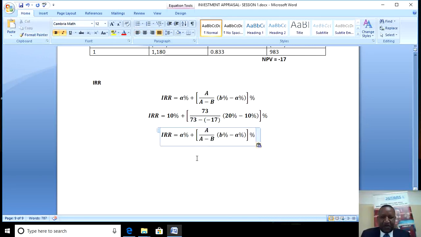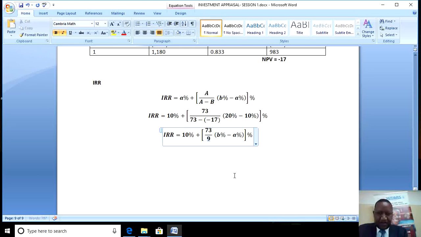So let's see what we will have if we did that. We have our 10% there. On top we have our 73. What is 73 plus 17? We have 90.